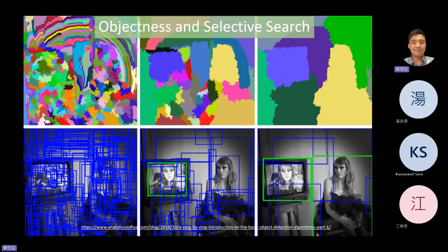Traditionally, people would try to group pixels that have a similar appearance, and the group is like a big pixel called a superpixel. Then we try to group those superpixels, which gives us a lot of bounding box candidates. Then you combine the overlapping boxes to find the objects, and finally, if you are lucky enough, you will find them. It's called selective search.